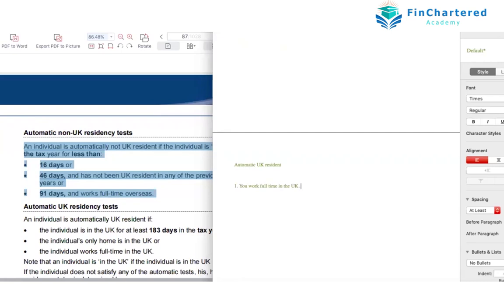Or your only home is in the UK and you use it, meaning you're living there. So obviously, where you live is your home. Or you were in the UK 183 days or more.